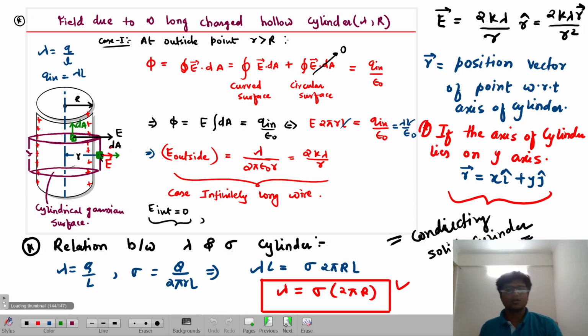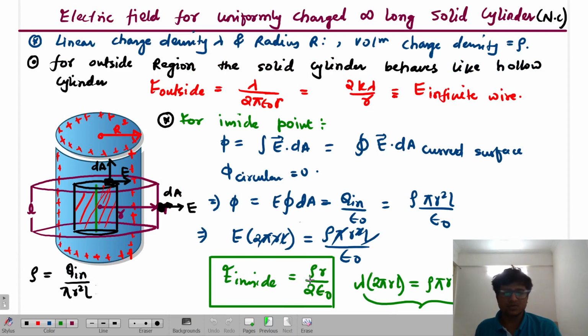While for solid non-conducting cylinder, it is rho r by 2 epsilon naught. Is that clear or not? So this is the main conclusion over here which I wanted to draw. Are you able to get me?